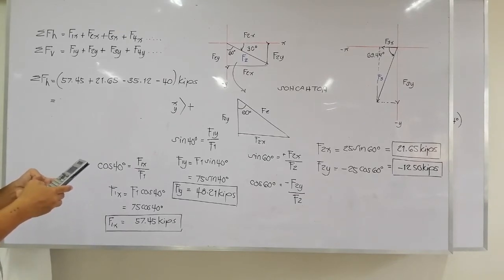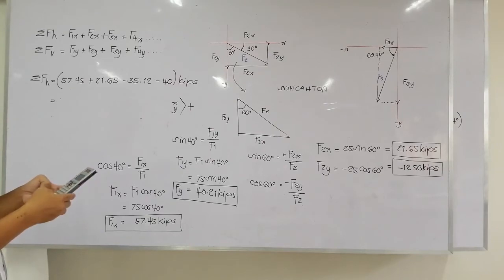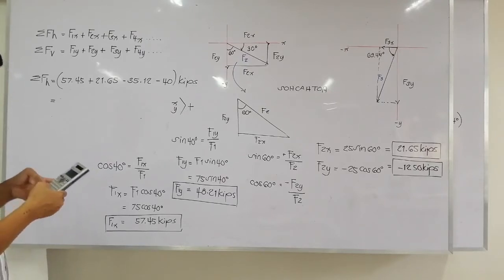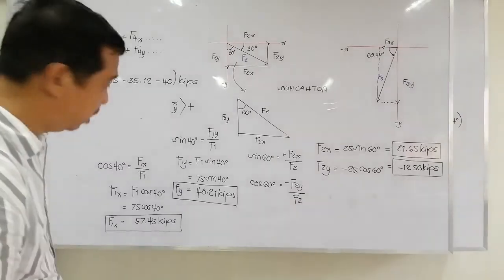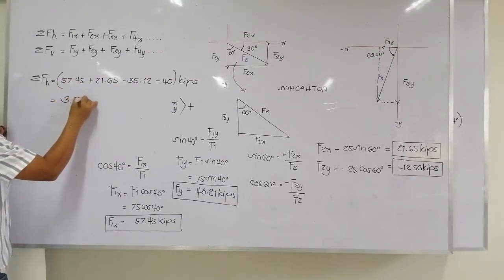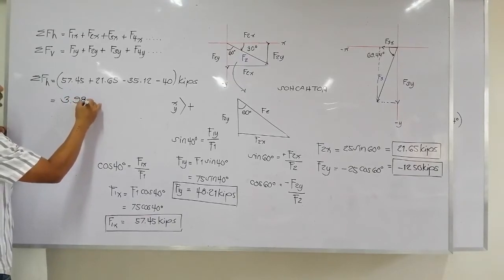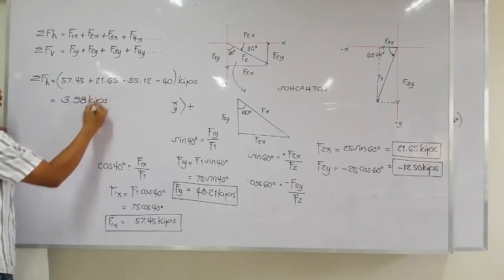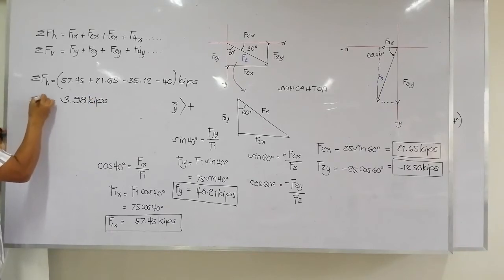No, it's not plus, it's minus. Negative 35.12, negative 40 is equal to 3.98 kips. Summation of forces along the x-axis or horizontal.